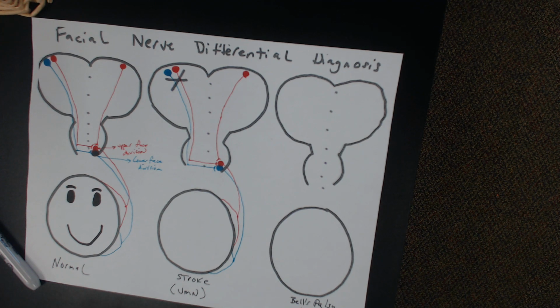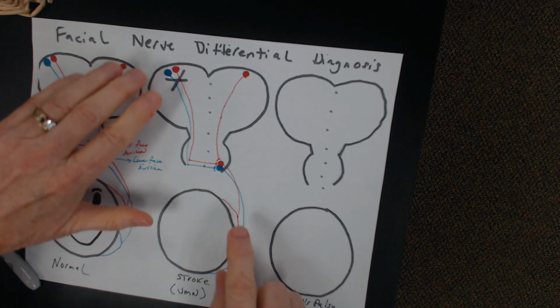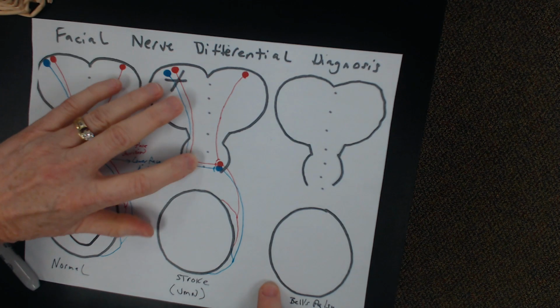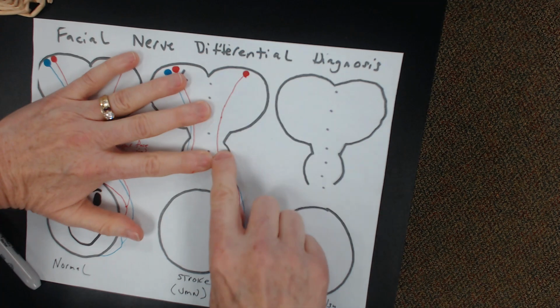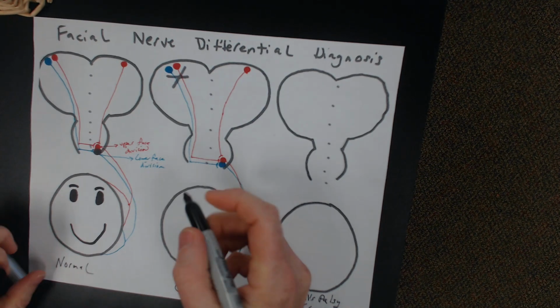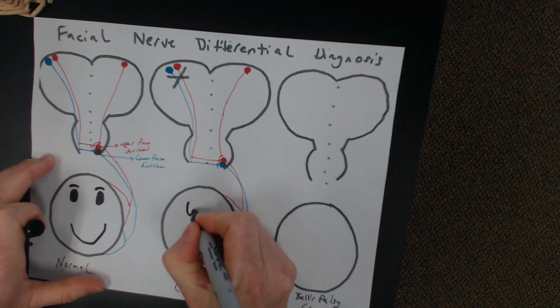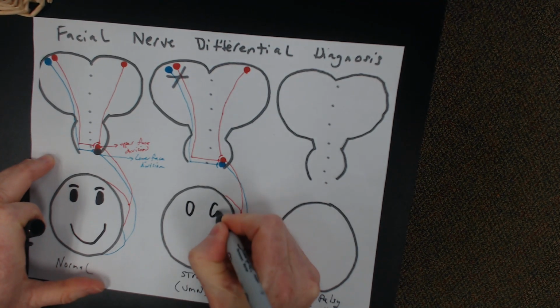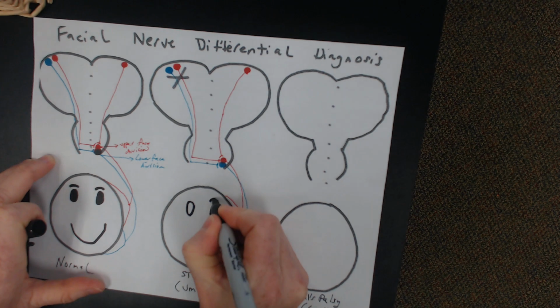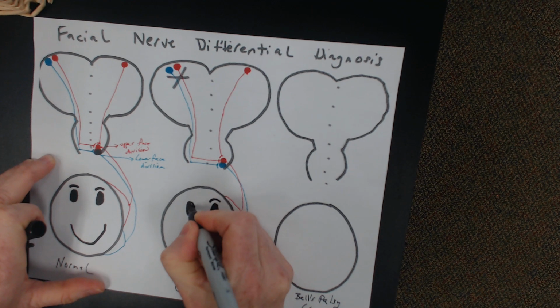What happens to the eyes and the eyebrows? No change. Right, no change at all. No change because even though this side has been wiped out contralaterally, we still have the ipsilateral innervation. So both the right and the left side are going to have a nice, happy looking smiley face with symmetrical eyes and symmetrical eyebrows.